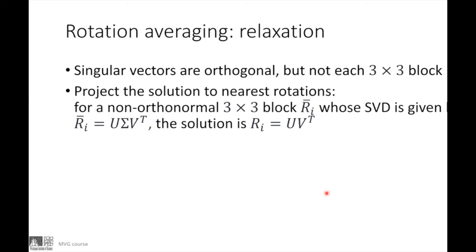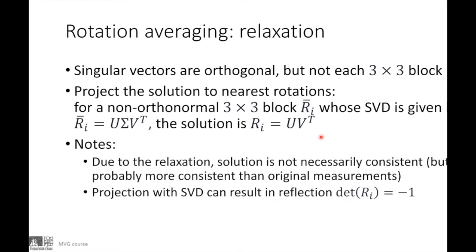Each of them we apply SVD to, and then eliminate the sigma, and our reconstructed rotation will be U times V transpose. That's the way you take a matrix and project it to become a rotation. We have to be careful here. We might produce a reflection instead of a rotation. We ignore this, but we should remember it.